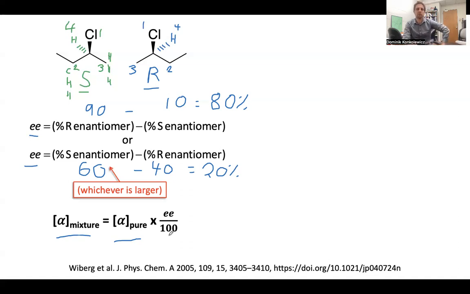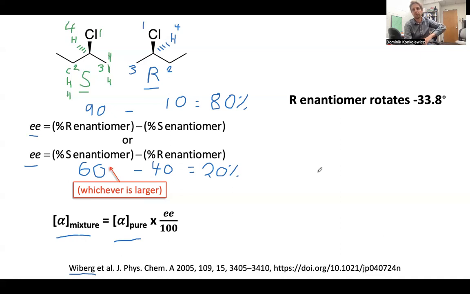So let's go ahead and do some examples here. This molecule that we assigned earlier, 2-chlorobutane, based on this reference down here, reports that the R enantiomer is predicted to rotate just under 34 degrees in the negative direction. So the R enantiomer rotates around 33.8 degrees negative.